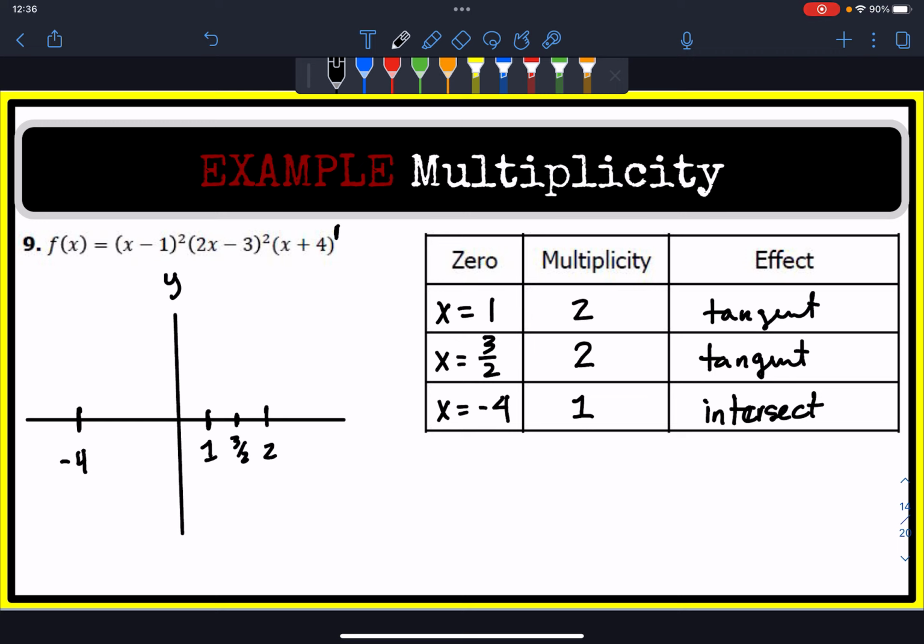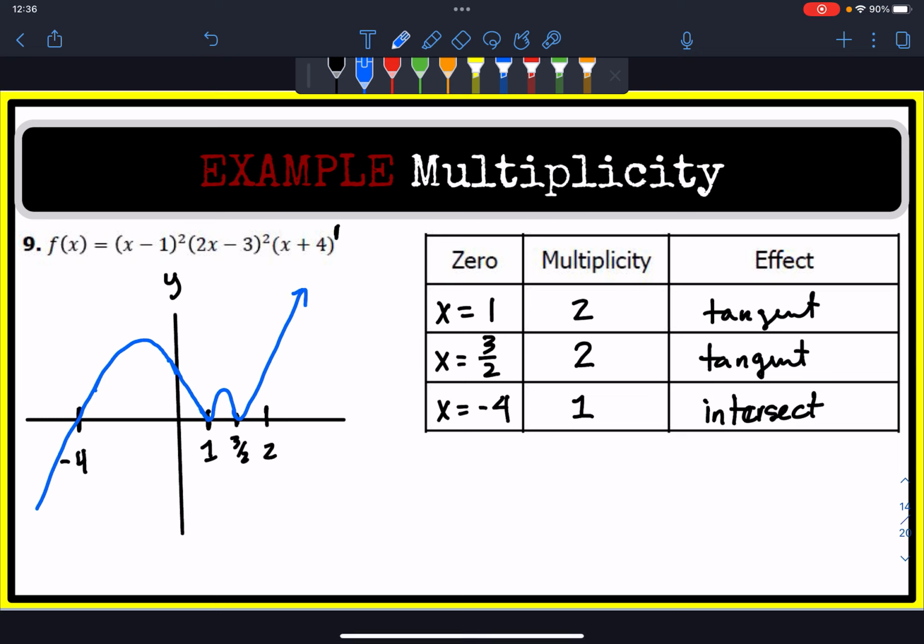So the graph is going to intersect at negative 4. Let's say the graph starts down here. It's going to go up, turn around, reach a maximum height, and start turning around because it needs to touch at 1. It's going to be tangent to the x-axis at 1, move up again, move down, and be tangent again at 3 over 2, and then move in the opposite direction.